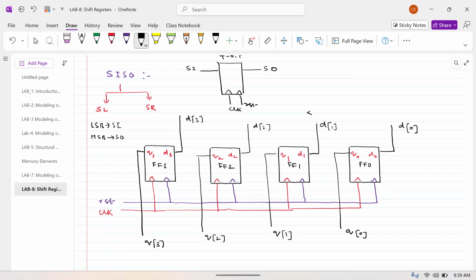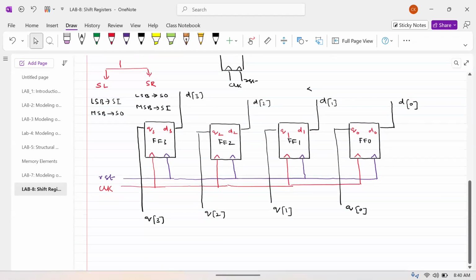So in shift left operation, we are moving from the right side to the left side. What about shift right? LSB here is serial out, and MSB here is serial in. If this point is clear, that means serial in, serial out has 2 possibilities, shift right and shift left.